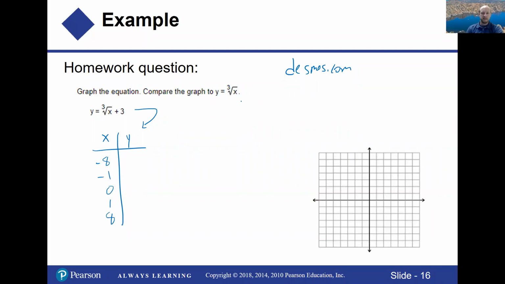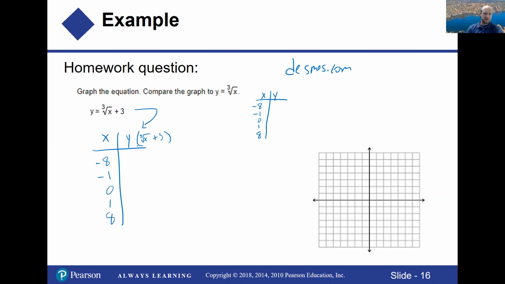Okay, so this is going to be basically the graph of the cube root of x plus 3. And then you can make another table over here if you want of just the cube root of x. So you could even choose the same values if you want.